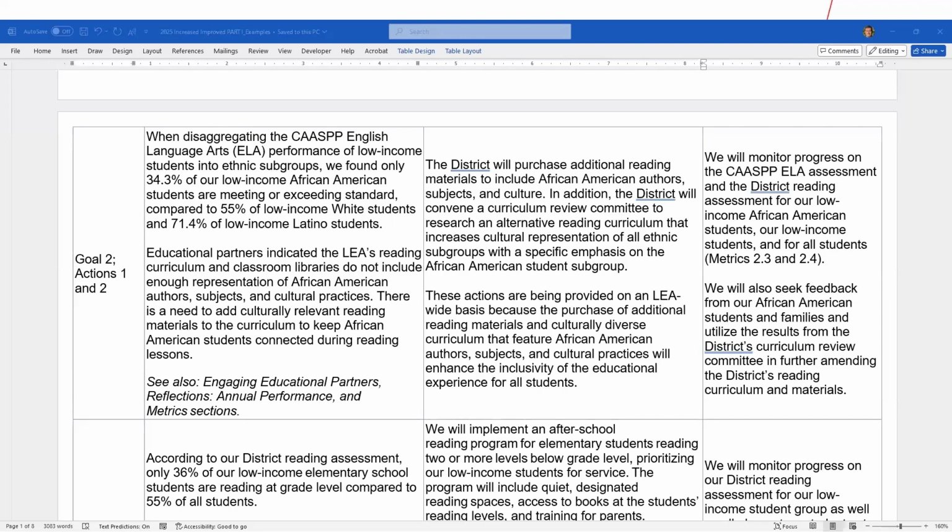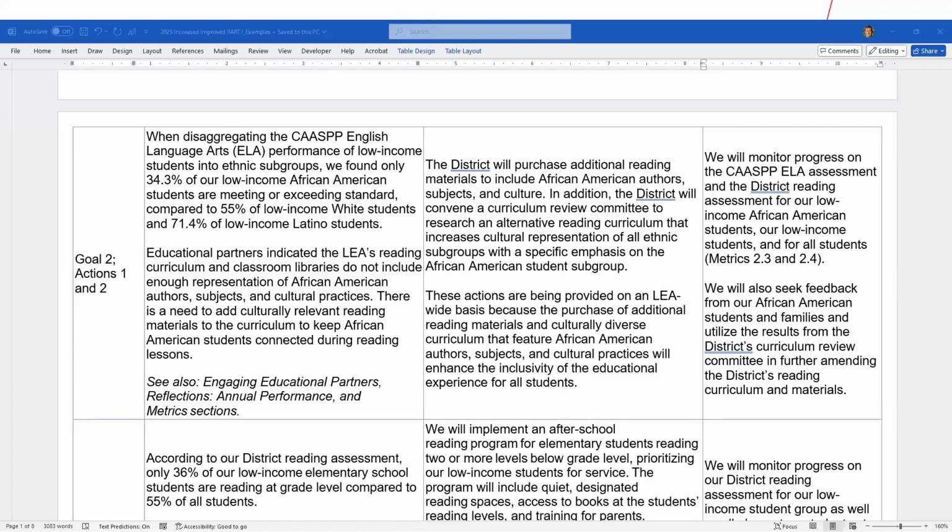Meaning, we bring up this subgroup, we're going to bring up everybody else as well. This is a wonderful benefit for all kids. Yes, it is intended to benefit the low-income African-American students' needs primarily. That's why it was designed, but all kids can benefit from a more culturally diverse curriculum. Every kid can, so we're going to give it to everybody.